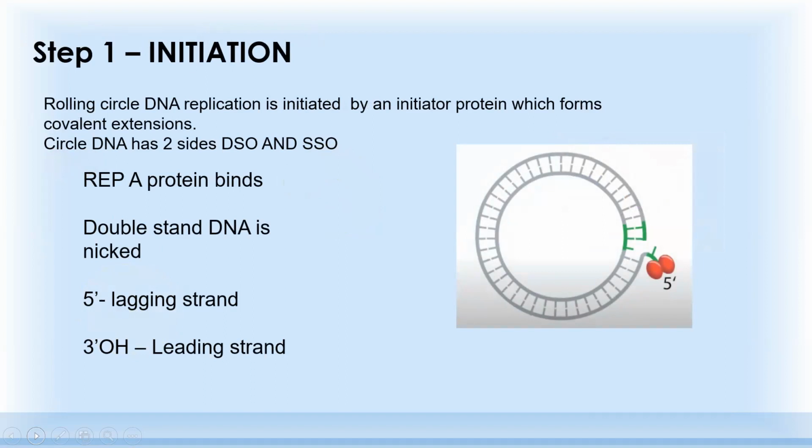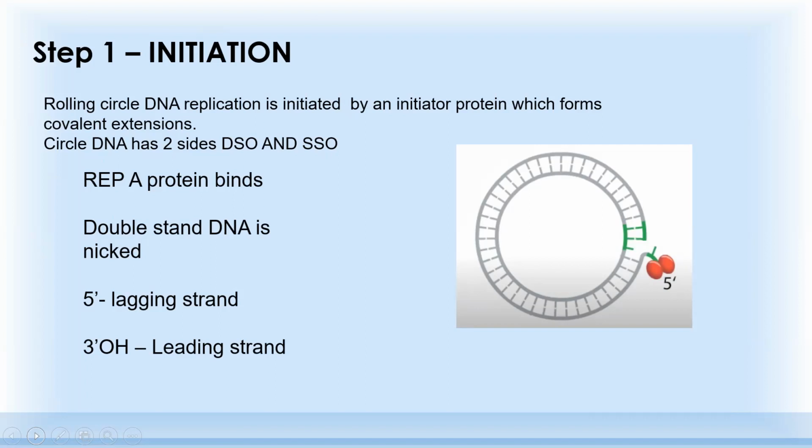So a circular DNA, as you can see on the right side, has two sites, a DSO and an SSO. DSO stands for double strand origin of replication. I repeat, DSO stands for double strand origin of replication, and SSO stands for single strand origin of replication.